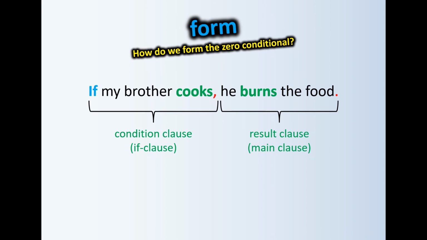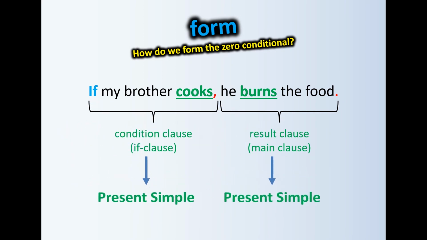Now, what about the verb forms? We can easily figure out that the verbs cooks and burns are conjugated in the present simple. Thus, we form the zero conditional with the present simple in both the condition clause and the result clause.